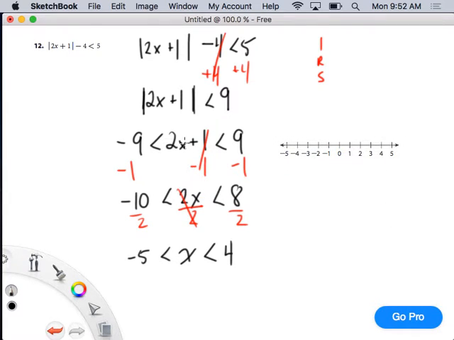So we can go ahead and do that. It's less than, so we know it's exclusive. x is greater than negative 5 and less than 4. And that's our solution set right there.